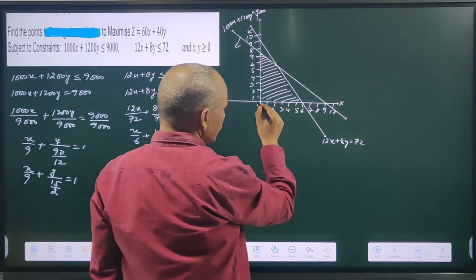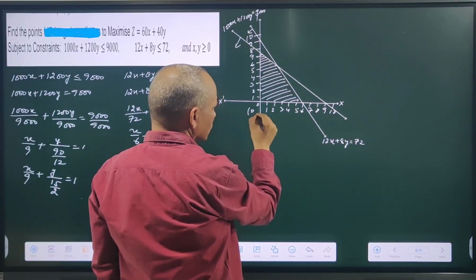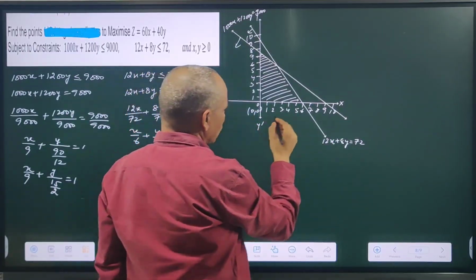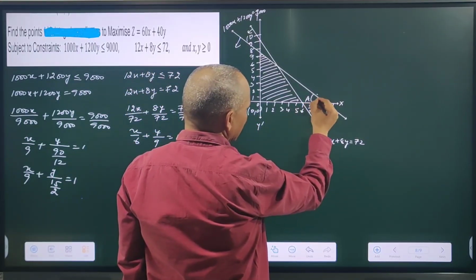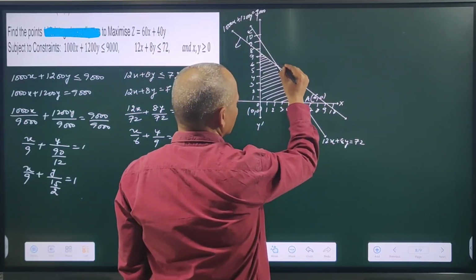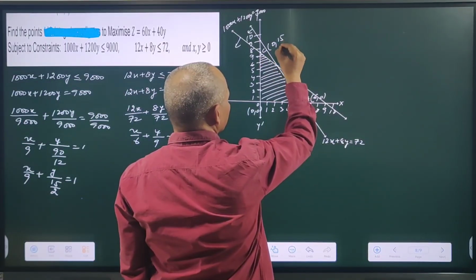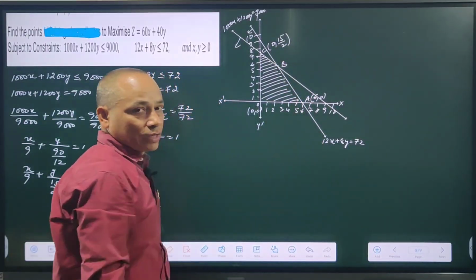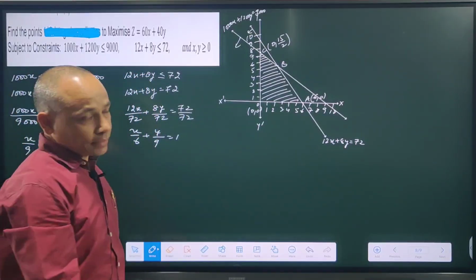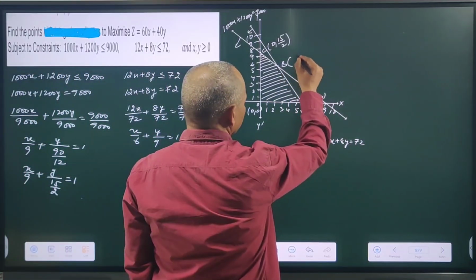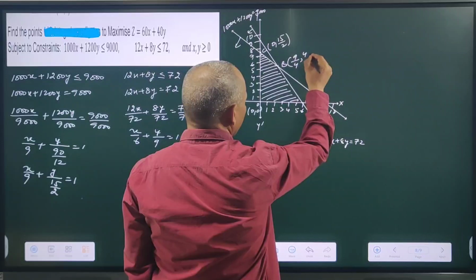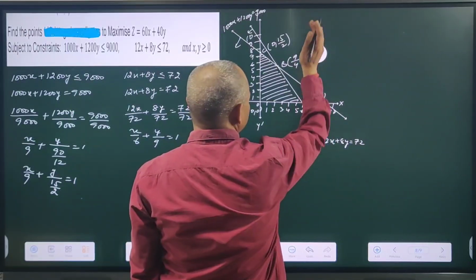So we have corner points as O(0, 0), A will be (6, 0), C will be (0, 15/2), and B will be (9/4, 45/8).